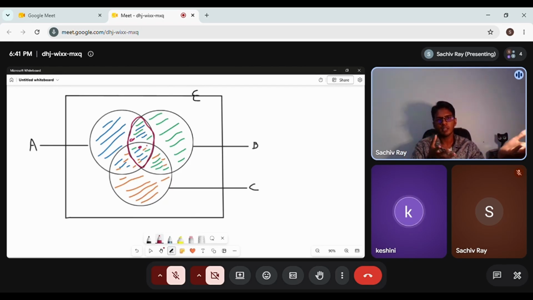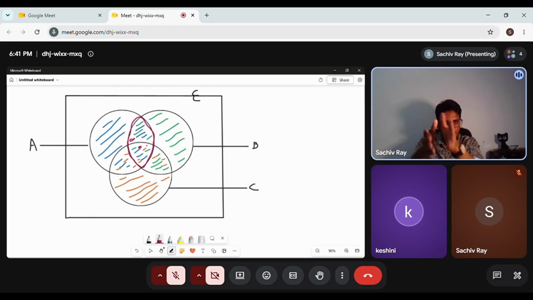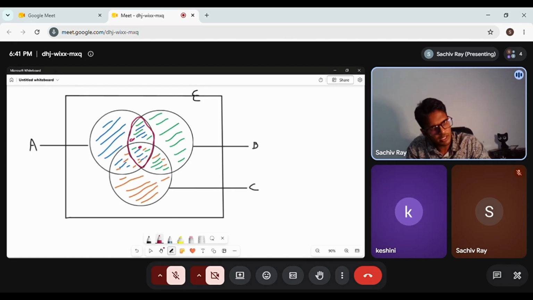Vade is there on one plate, but is it common to the other plate? No, right? Think of it like that. We consider the ones that are common. Here the green and blue part can be seen. Orange is also there, but it's not there in the upper part. It's only there in the bottom half, right?